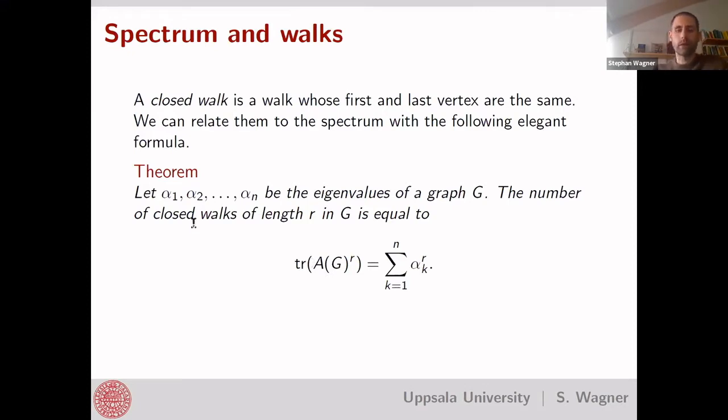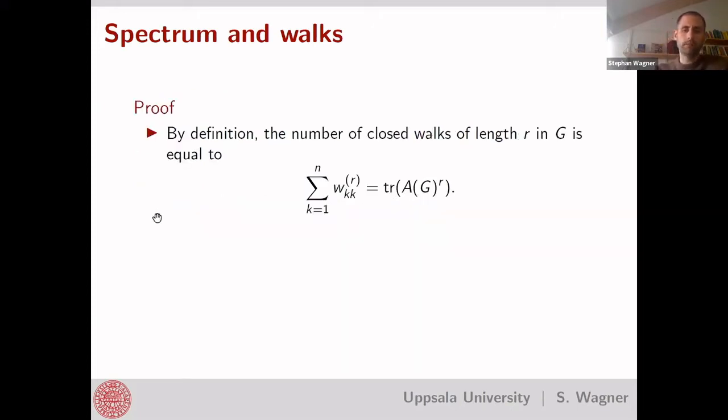Right, let's think a bit about that. Why do we have that formula? Well, the number of closed walks is by definition equal to this sum. The sum counts walks of length r that go from some vertex vk to the vertex itself.